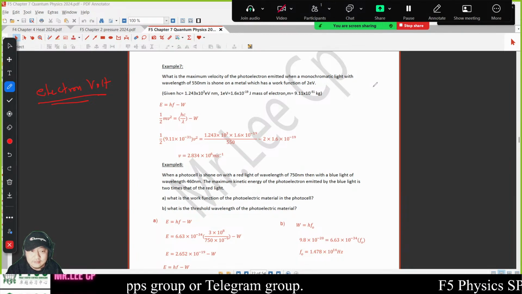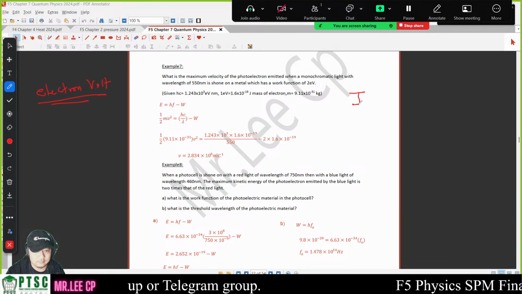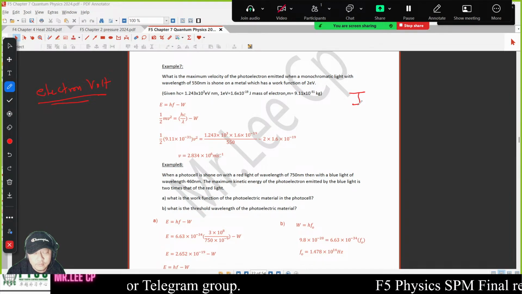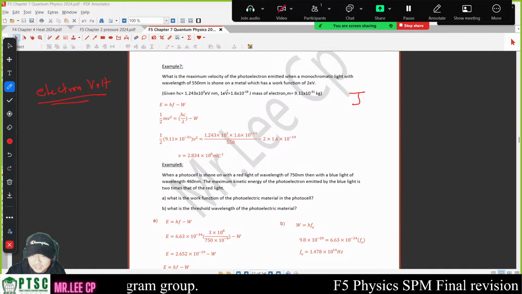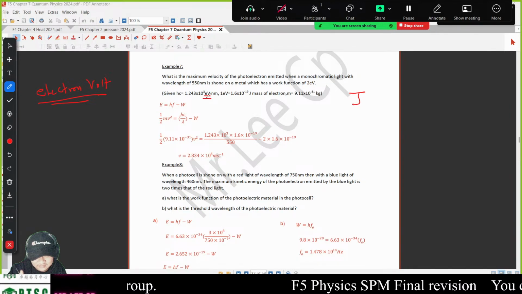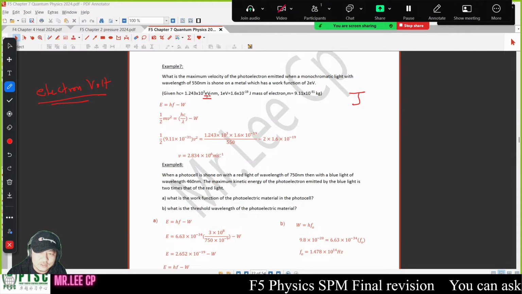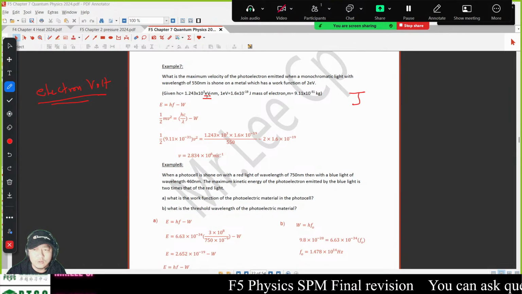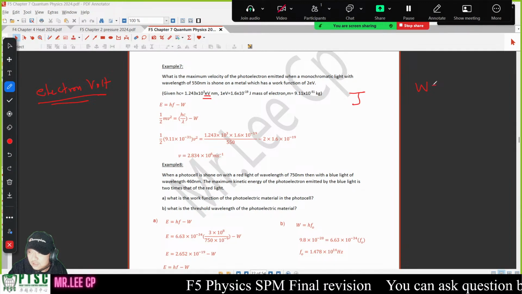But in physics, we all use joule. But this one is electron volt. Electron volt is another unit of energy, but it is not in joule because an electron is very, very, very small. All right.